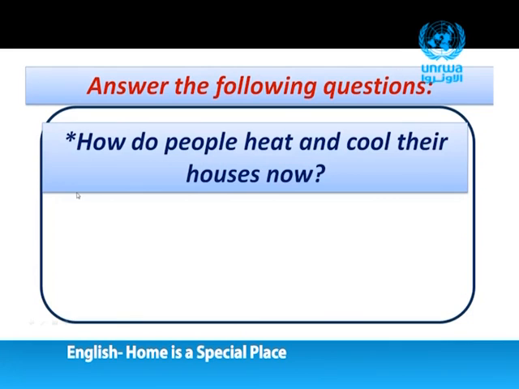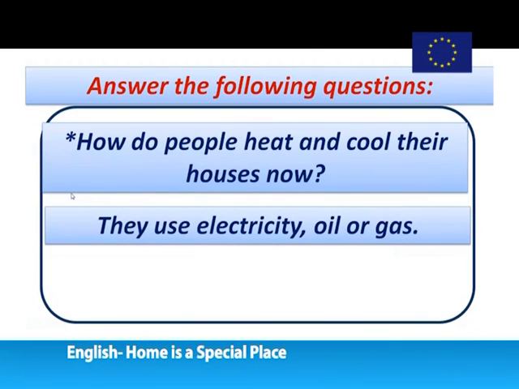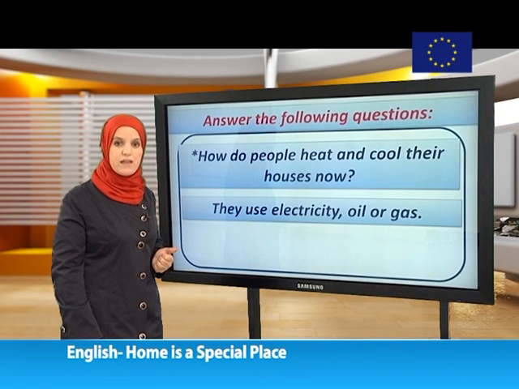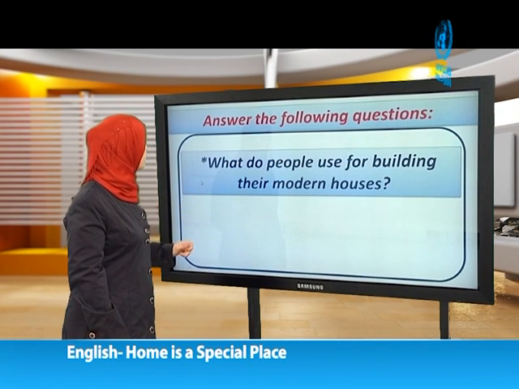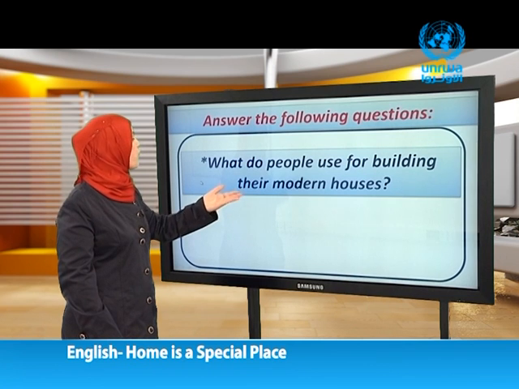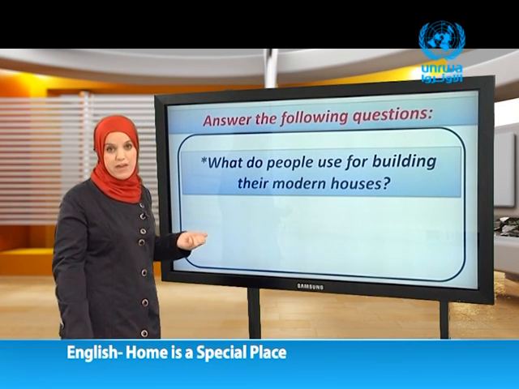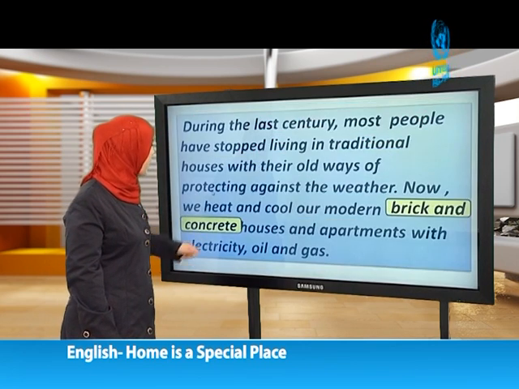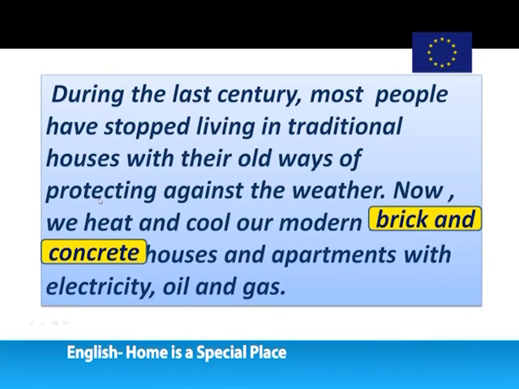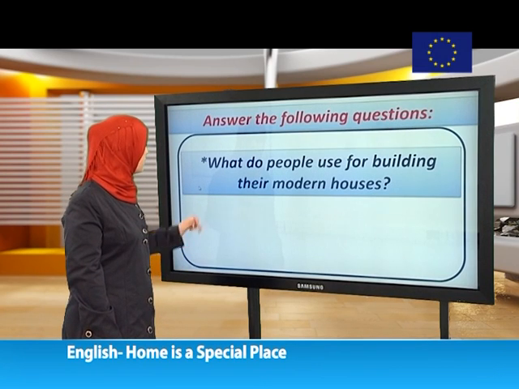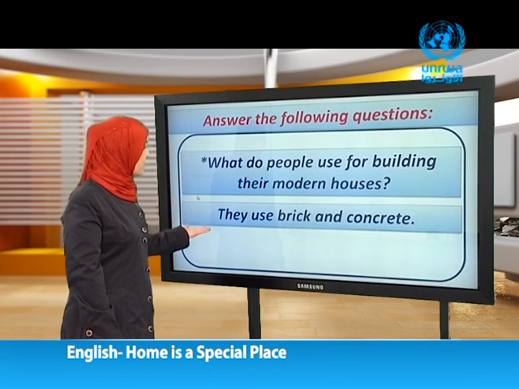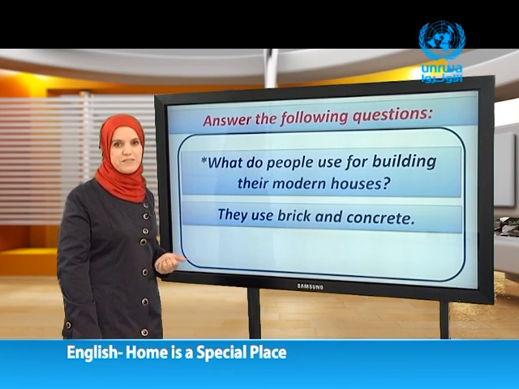So the answer is, they use electricity, oil, or gas. And next question, what do people use for building their modern houses? What asks about things. So let's search for the answer. They use brick and concrete. This is the answer. They use brick and concrete.